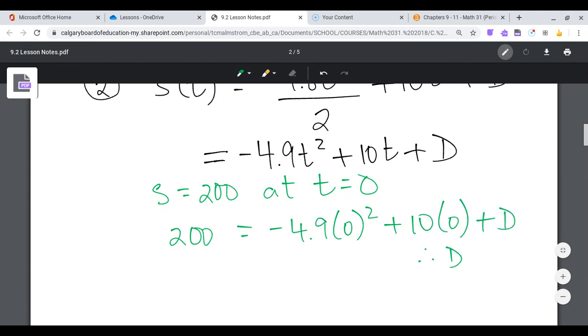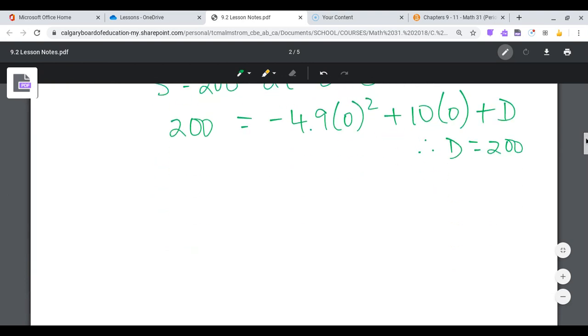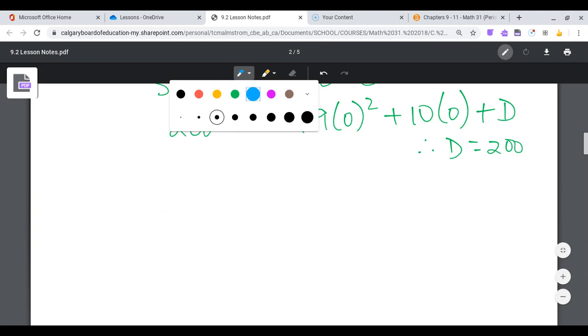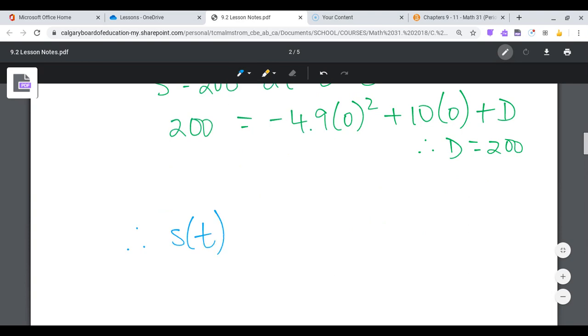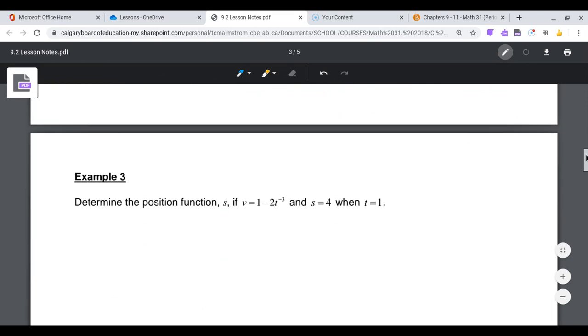So therefore d is equal to 200, and I now know that I can write my position function. Therefore, s of t is equal to negative 4.9t squared plus 10t plus 200. Awesome. All right. Next question.